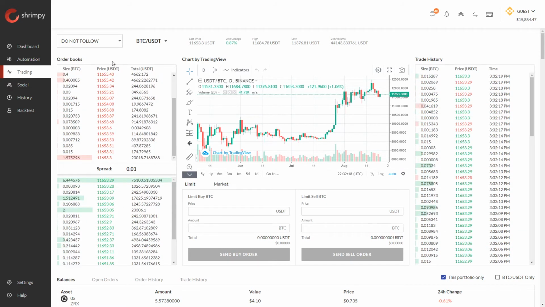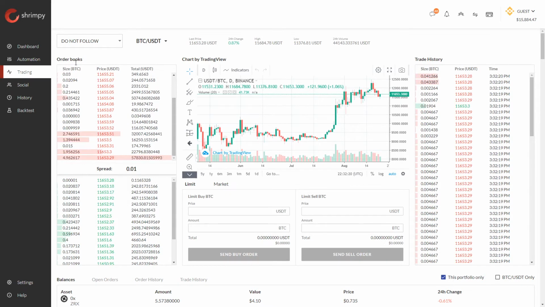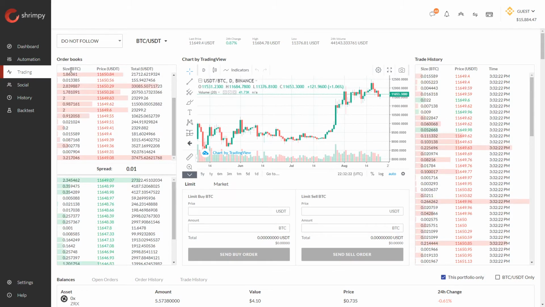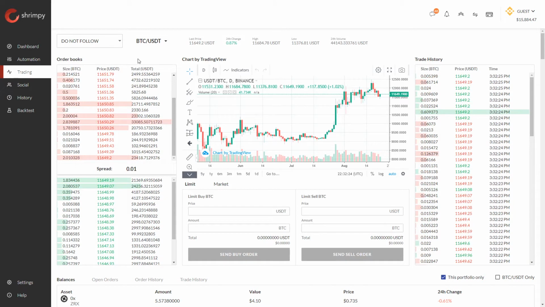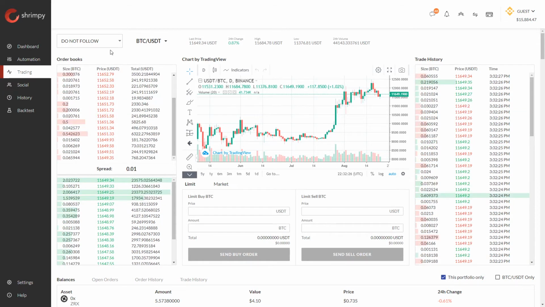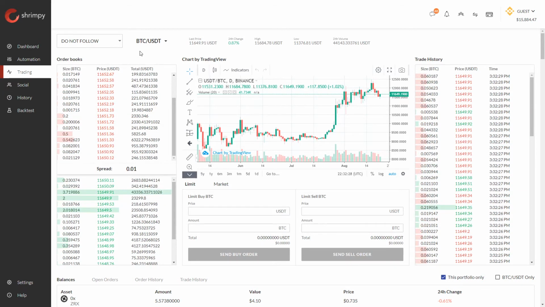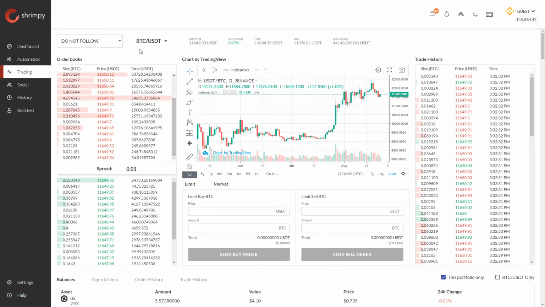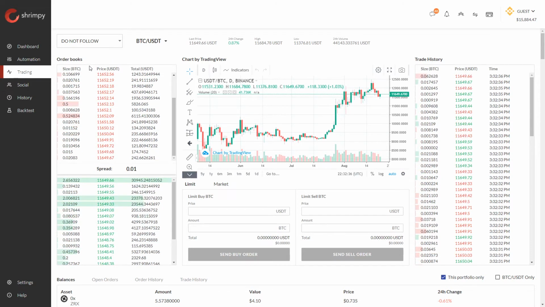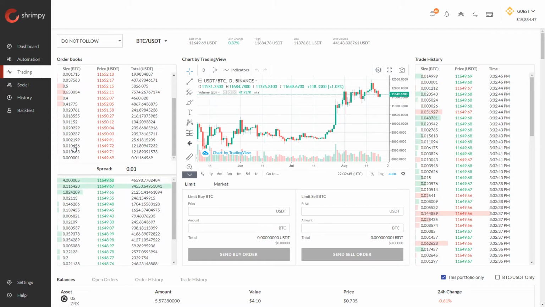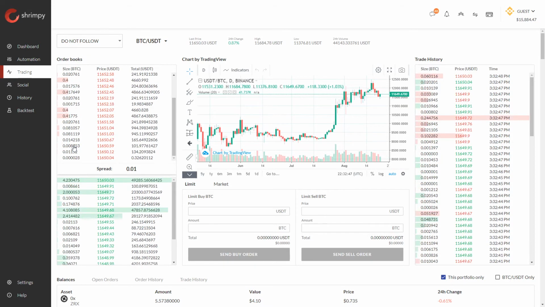Great, so let's look at each of the pieces of data that we have here. We have the size of the order, we have the price, and we have the total amount. These three elements give us all of the information we need to know in order to place our own offer or take somebody else's offer on the exchange. The size in terms of BTC tells us how much is available at each price.